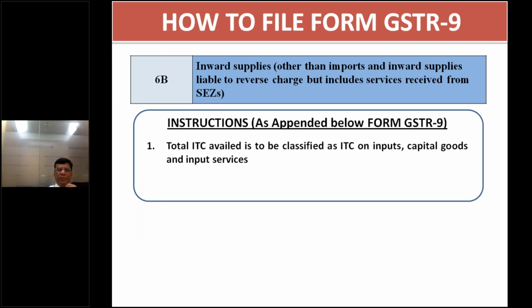Inward supplies other than imports and inward supplies liable to reverse charge, but include services received from such. Total ITC availed is to be classified as ITC on inputs, capital goods, and input services.